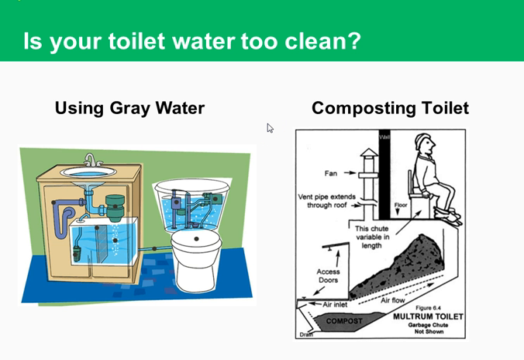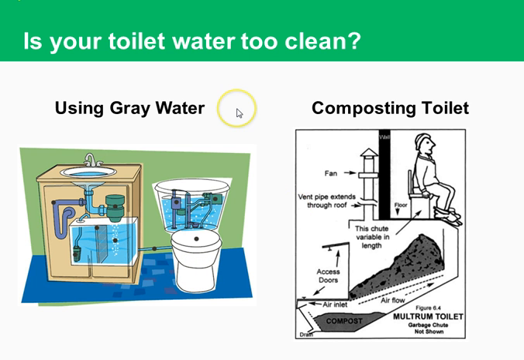Is your toilet water too clean? Oh, goodness. Okay, well, here, using gray water, basically you can use this leftover water over here to fill your toilet tank. We're not saying use your toilet waste water for irrigating. We're just saying use your sink waste.